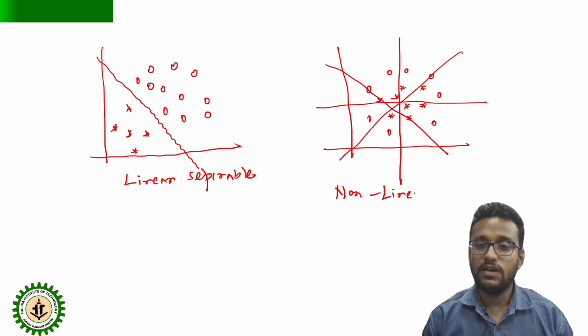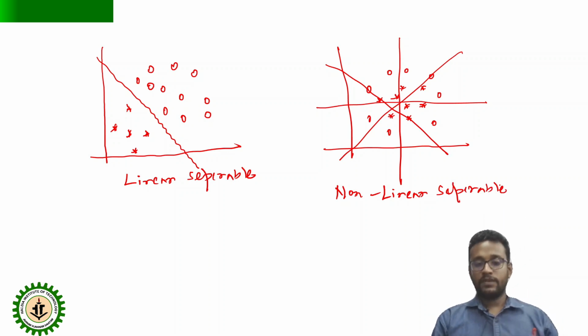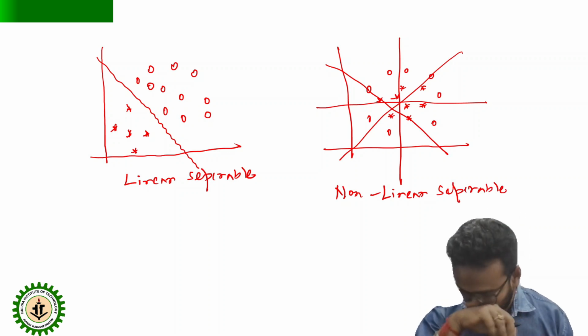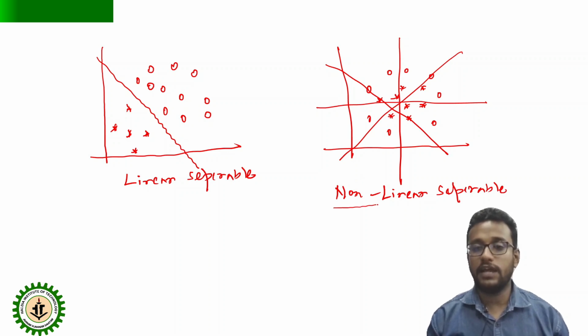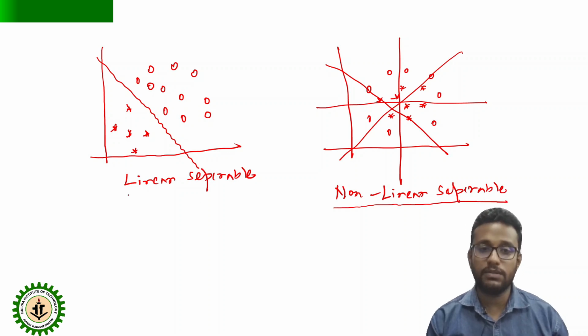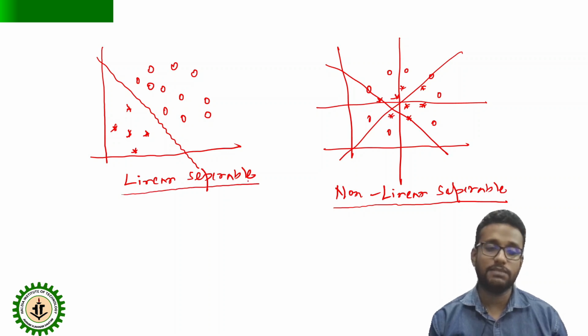So if by using a single straight line I am not able to do it, it's called nonlinear separable. And if with the help of a straight line I am able to divide it, it's called linear separable.